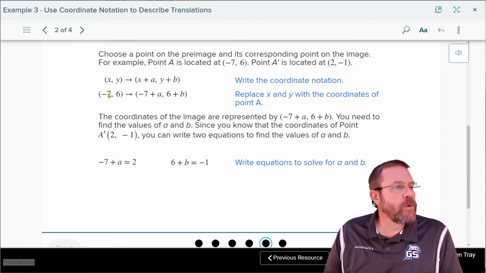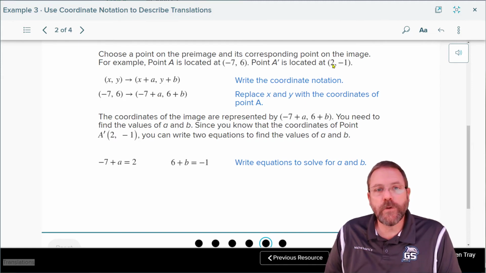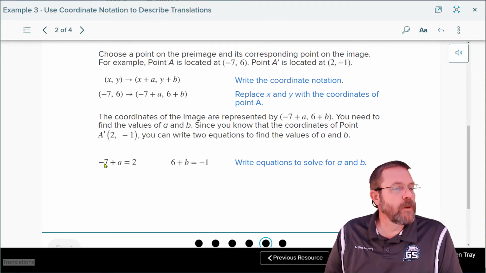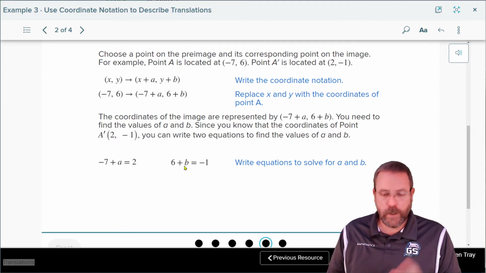For example, we knew that the x value started at negative 7, and negative 7 plus a equaled the new point of 2 you see there. And that gave you the equation negative 7 plus a is equal to 2. We also knew our y value started at 6, and 6 plus b equaled negative 1. And that gave us this equation right here.